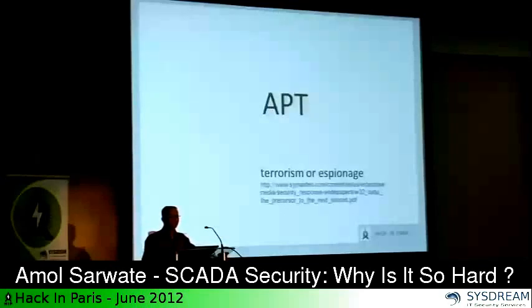Who can give me a few good examples of such SCADA-related APT attacks in the real world? Stuxnet. So Stuxnet was the first. I think in the panel discussion there was a brief mention of this incident. Stuxnet was a virus which affected nuclear power plants of a certain country. Then there was this Duqu virus, and this link is actually from Symantec.